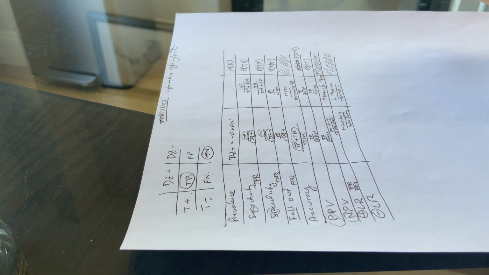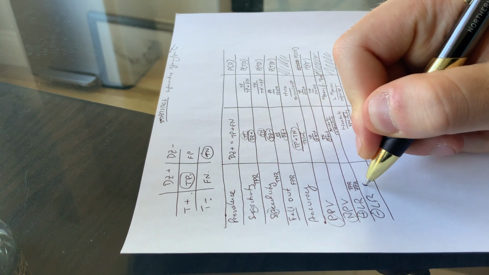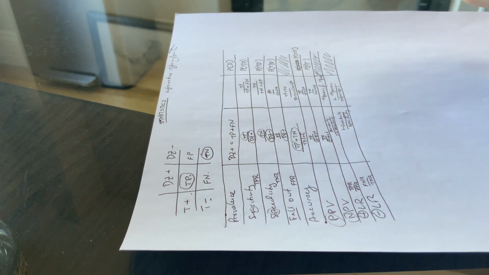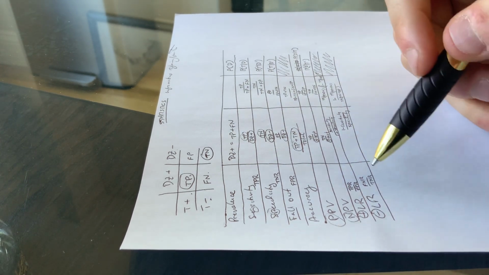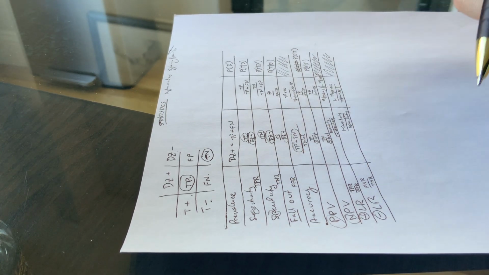One more thing, so your negative likelihood ratio is going to be your false negative rate over your true negative rate, right? And your true negative rate is the same thing as your specificity, so those line up. The reason is because when you think about negative likelihood ratio, it means if you have a pretest odds, how much does it lower your pretest odds? So it's going to be a fraction.